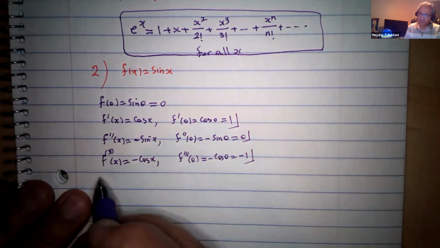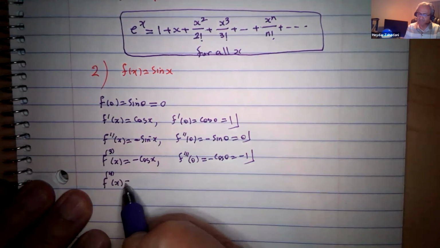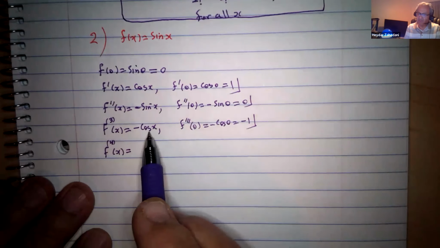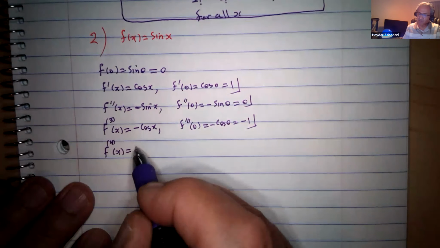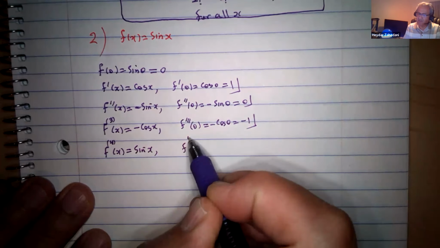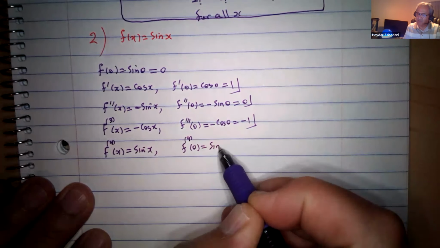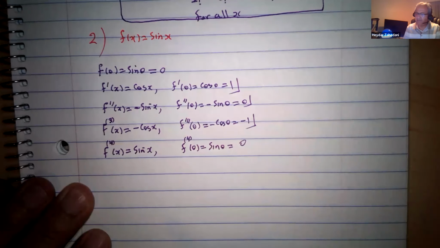If you do one more, then you understand what's going on. You see the fourth one: if you have a negative cosine, the derivative would be negative sine, so this would be sine. If you find it at 0, that gives you a sine of 0, which is 0.